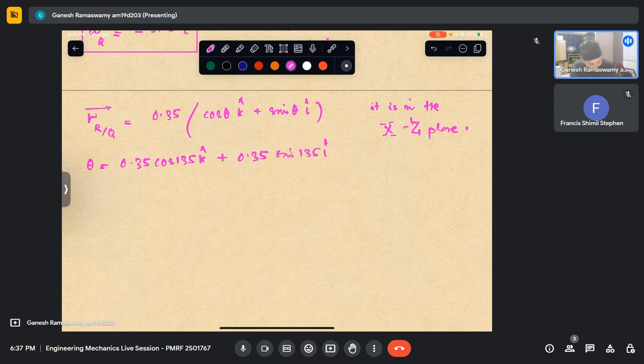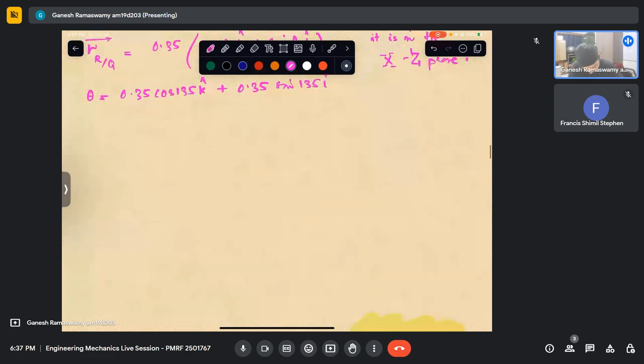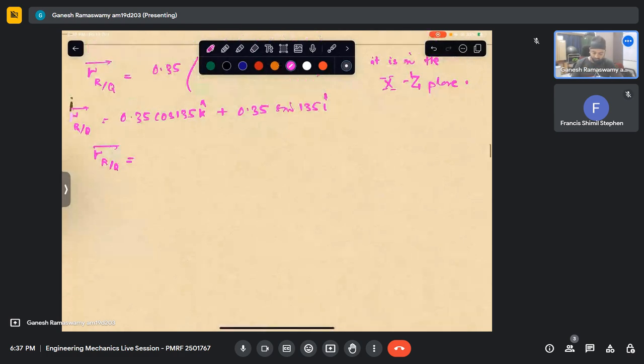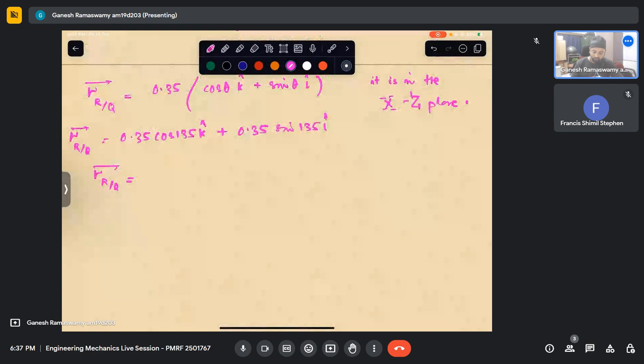So if I write i first and then k later, this will be r of r with respect to q. It is nothing but 0.35 sin 135. So this comes out to 0.247 i, and then the other component would have to be negative because it is pointing that way.